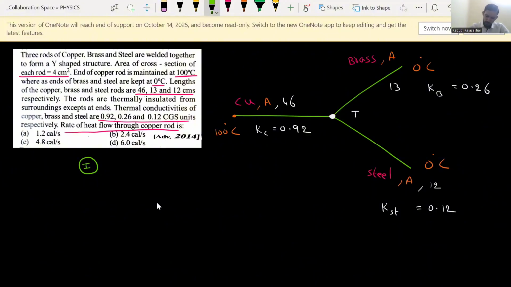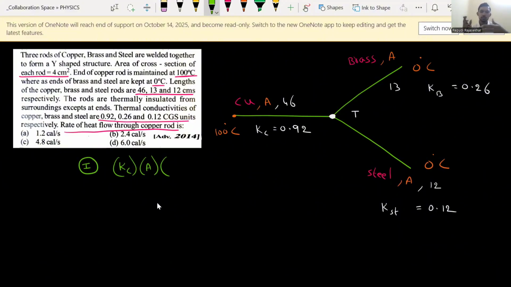So the K value I am writing for the copper wire. Kc A delta T. Heat flow in the copper wire plus heat flow in the brass plus heat flow in the steel wire should be equal to 0. If you make it equal to 0, you will get the junction temperature.